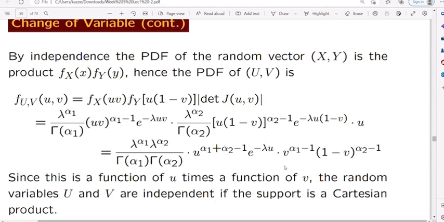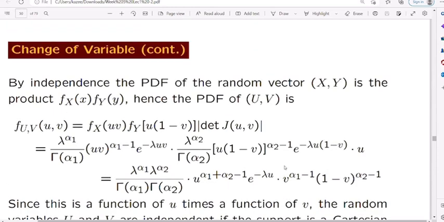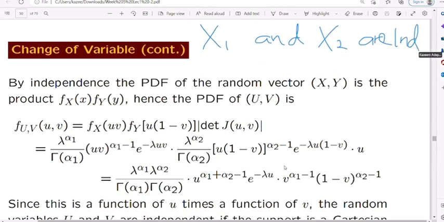When we're told that x1 and x2 are independent, we know that x1 and x2 are independent, right?